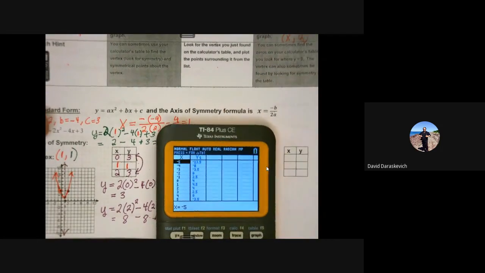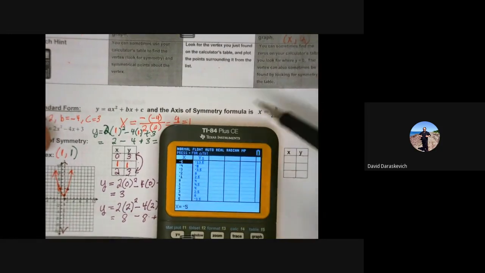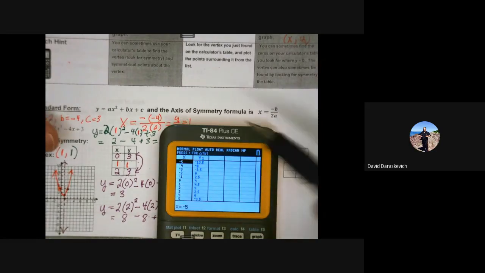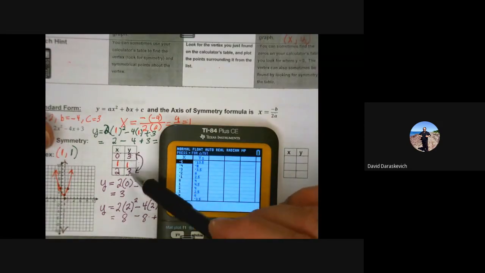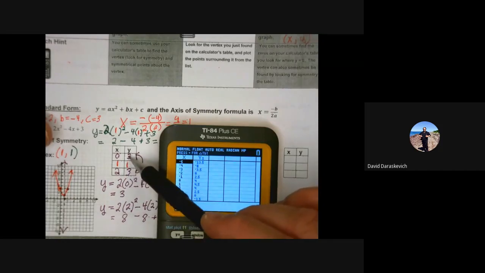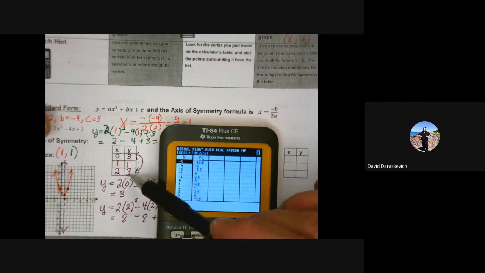Now, again, it all depends on my calculator. In this particular problem, we're going to see if we can get repeating y values around our vertex. It'd be nice to have whole numbers or even whole and a half. We can graph like 1.5, but when we start getting into 4.125 or something like that, it's going to be a little harder. But hopefully we'll find whole numbers around our vertex.